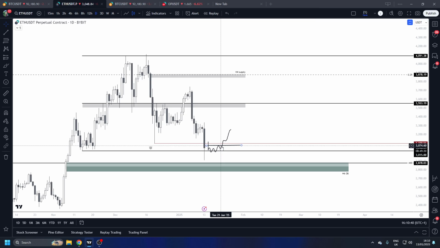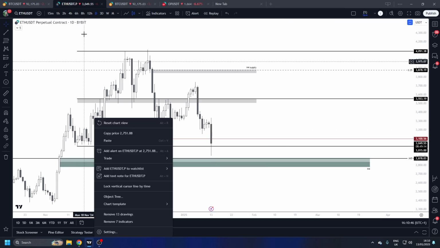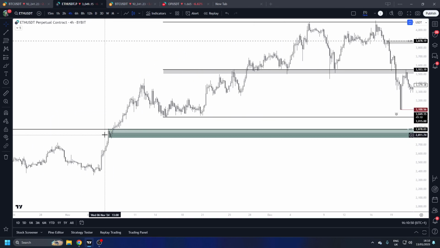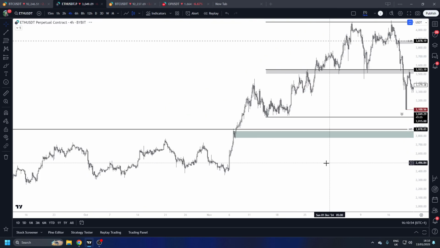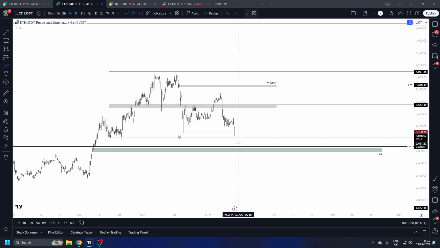I did not get filled on my limit order, as my limit order was on this H4 order block. Let me make this a little clearer. Basically, I did not get filled. As you see, we front ran this H4 order block. I have my limit exactly on the top of this H4 order block.